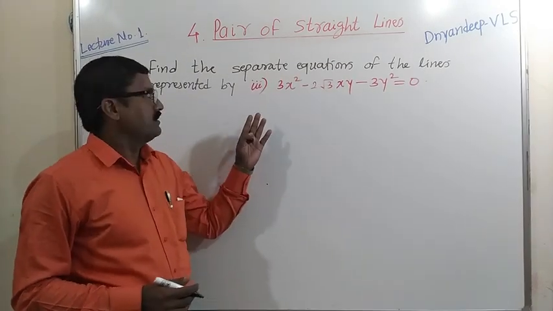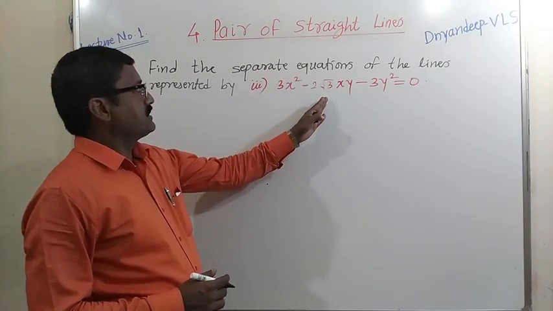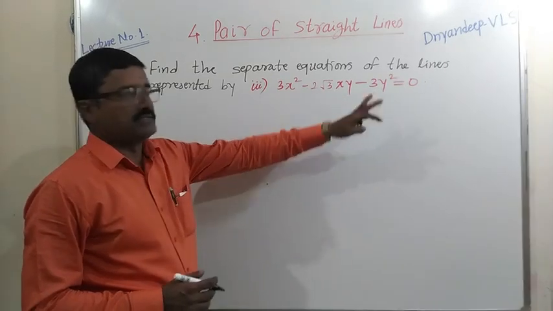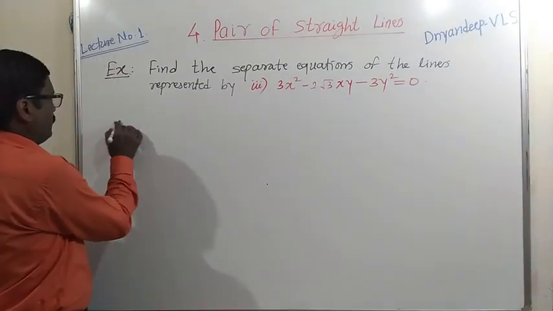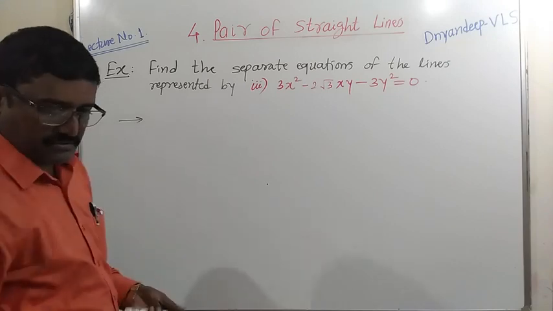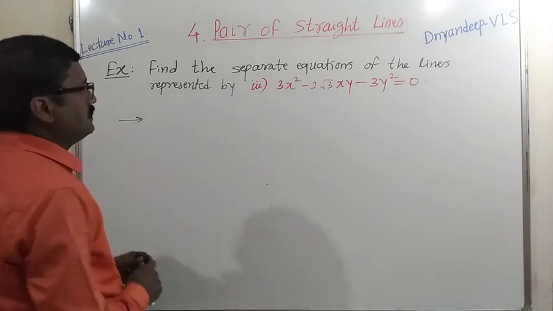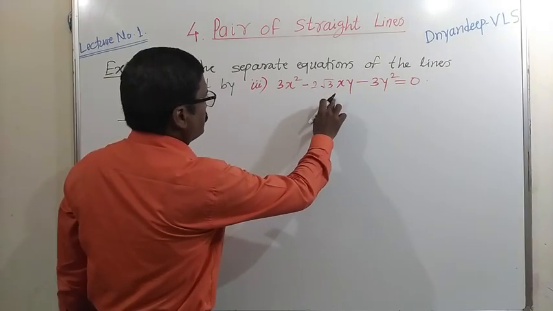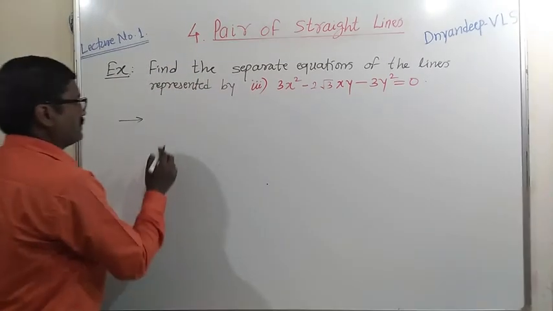See this third example, 3x² − 2√3xy − 3y² = 0. To find the separate equations of these two lines, we have to split this middle term so that we can get factors.